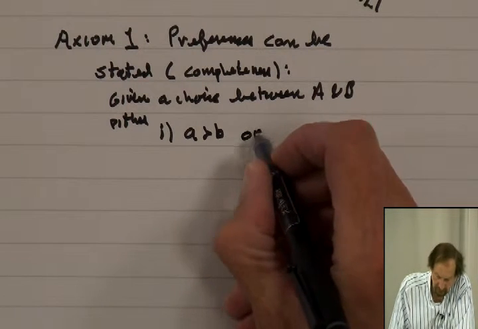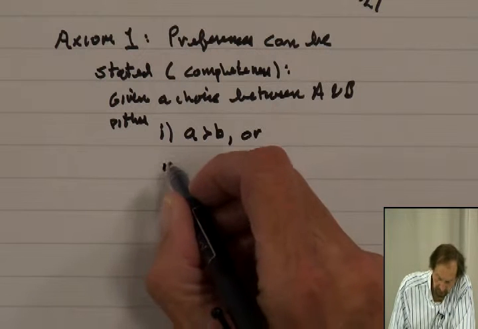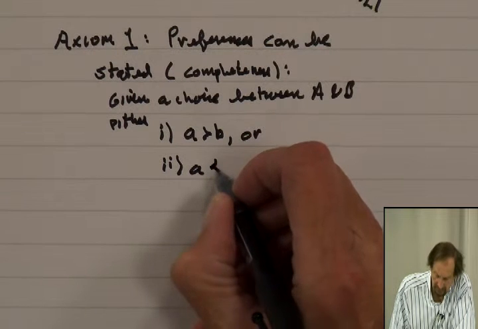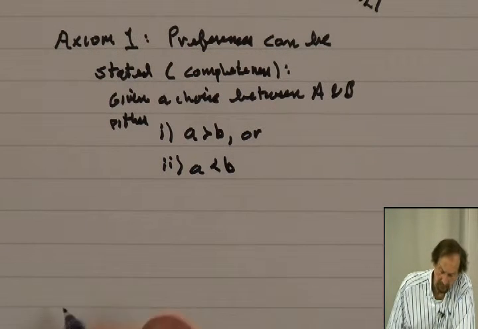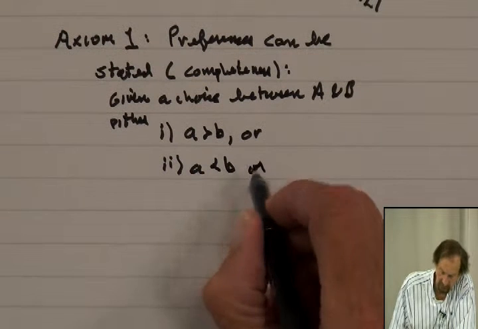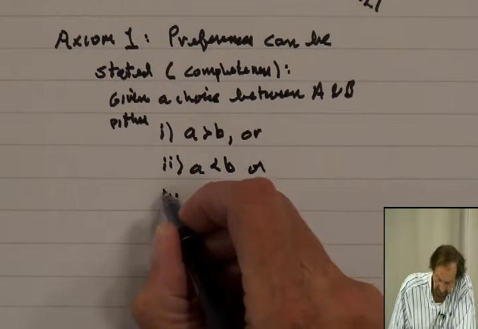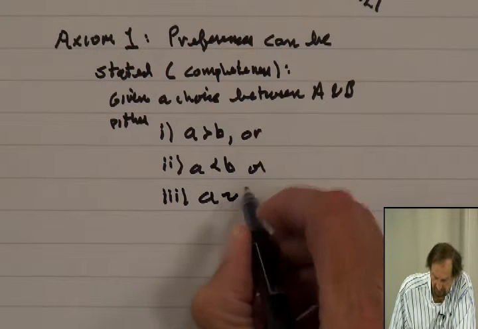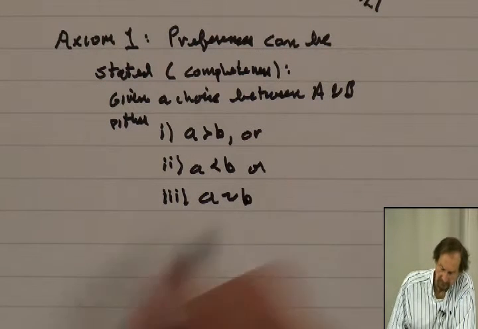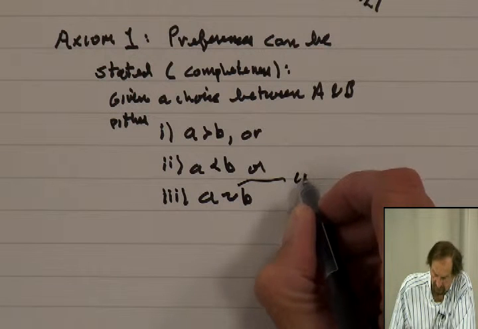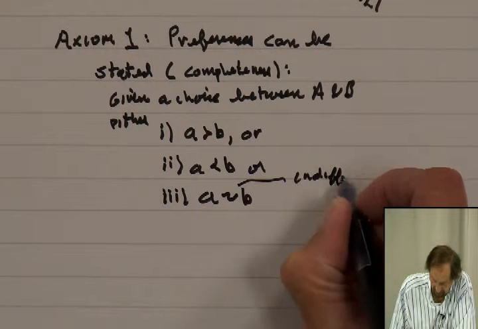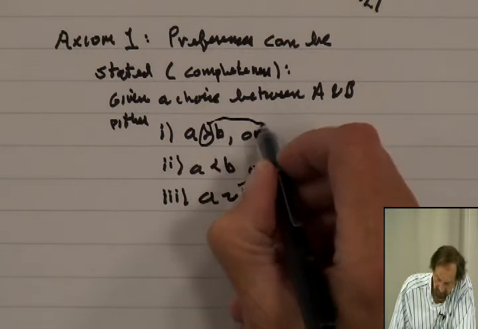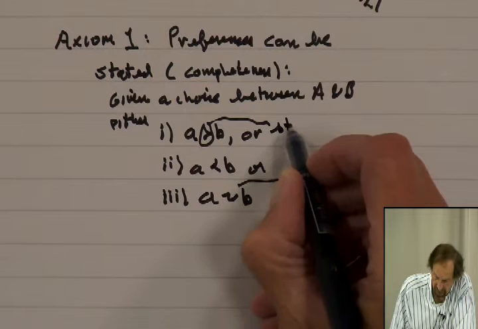Or two, apples are not as good to us as bananas. Or three, we're indifferent to a choice between apples and bananas. This is strict preference.